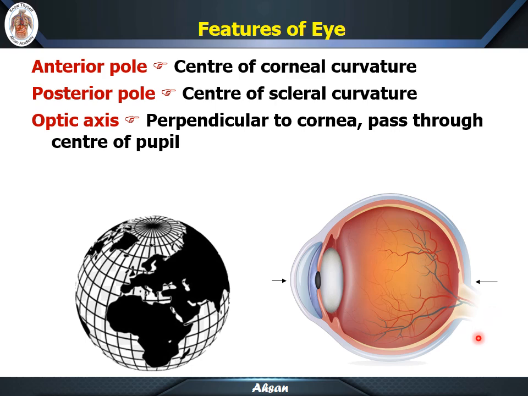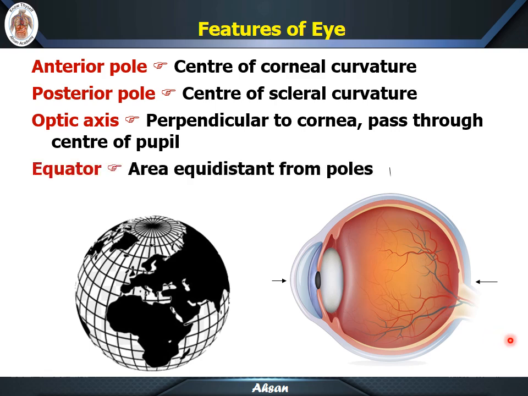and the axis is the line that passes perpendicular to this cornea. This is curved, so multiple lines can be drawn perpendicular to this, and that line must pass through the center of the pupil. This opening is the pupil. So this is known as the optic axis, and multiple lines can be drawn as the optic axis.